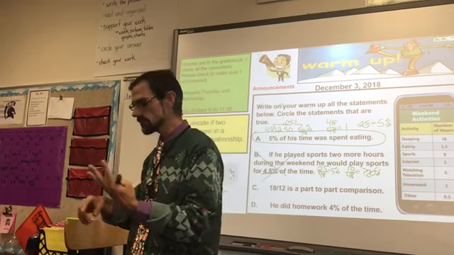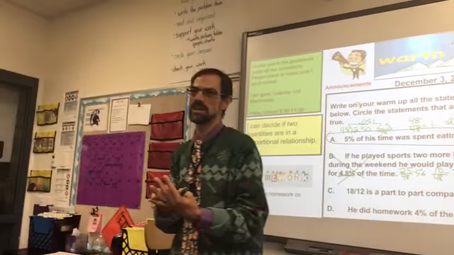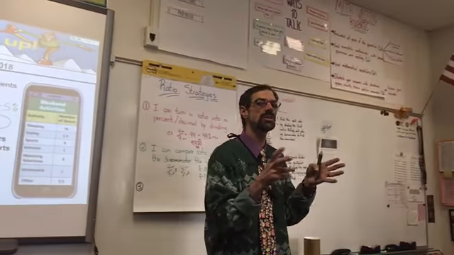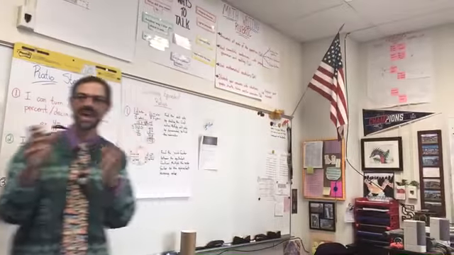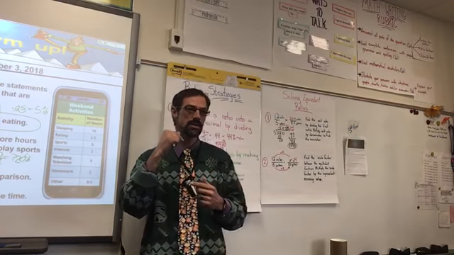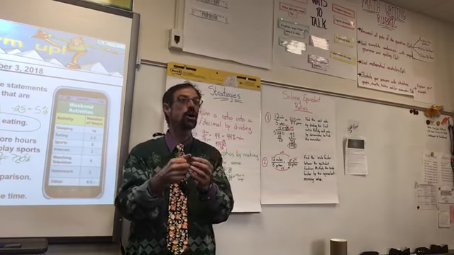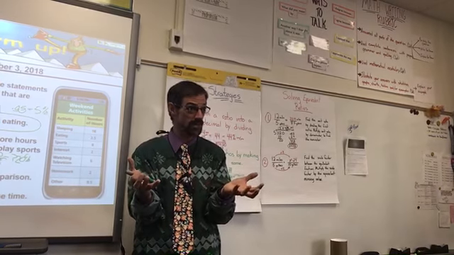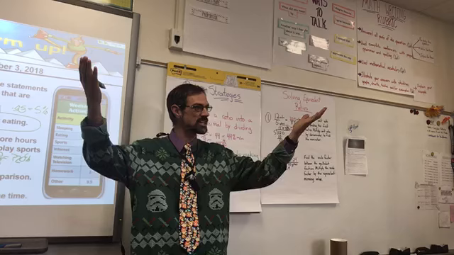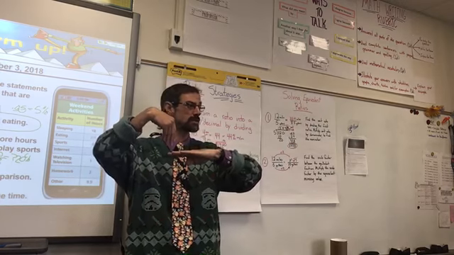So when they opened up their restaurant, they changed their menu a little bit as time went on because they looked at part-to-part comparisons. They compared vegetarian dishes, which were made up of a few dishes, to meat dishes, which was made up of a few dishes. It was still a part-to-part comparison.